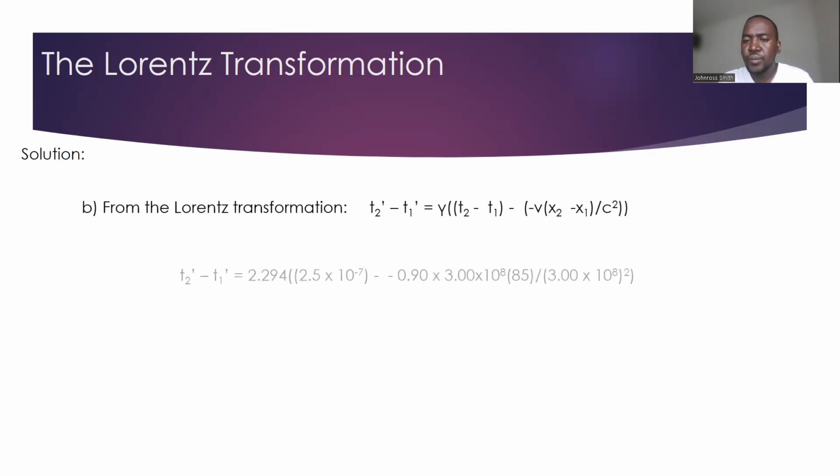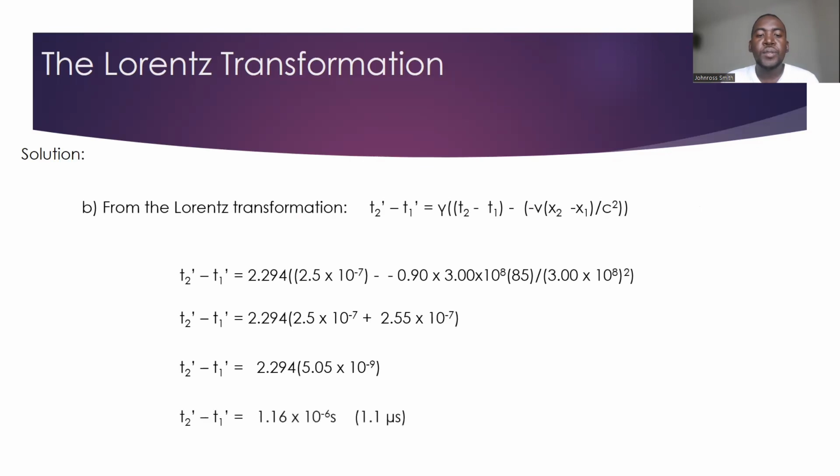The second part of the question is, what's the change in time in S prime? So again, we input our values into the change in time prime, and once we do that, we get a time difference of 1.1 microseconds, whereas according to the S frame reference, we would get 0.25 microseconds. So therefore, there is a difference.